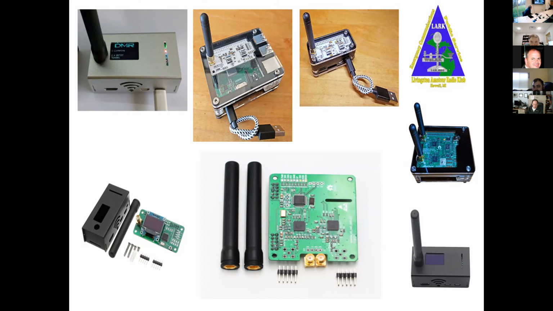The ones that have the clear cases, C4 Labs came out with a case early on when hotspots became very popular. Their claim was that all these hotspots come in metal boxes. It's going to reduce your Wi-Fi because you're putting the Pi inside the metal box. Your Wi-Fi connection won't be as good, and you won't be able to connect to things far away.